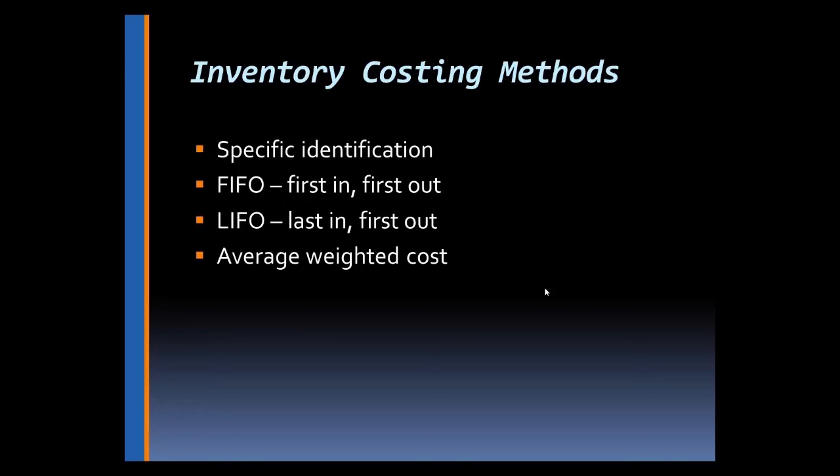Average weighted cost means that you average all of what you paid for the items, all of them in the batch, and come up with an average of the cost to assign to each item in the inventory. All four of these items are acceptable under GAAP for inventory valuation purposes.